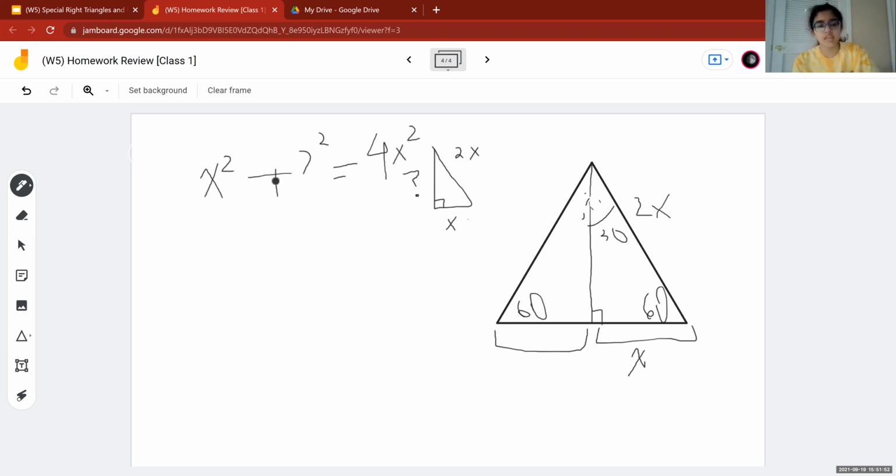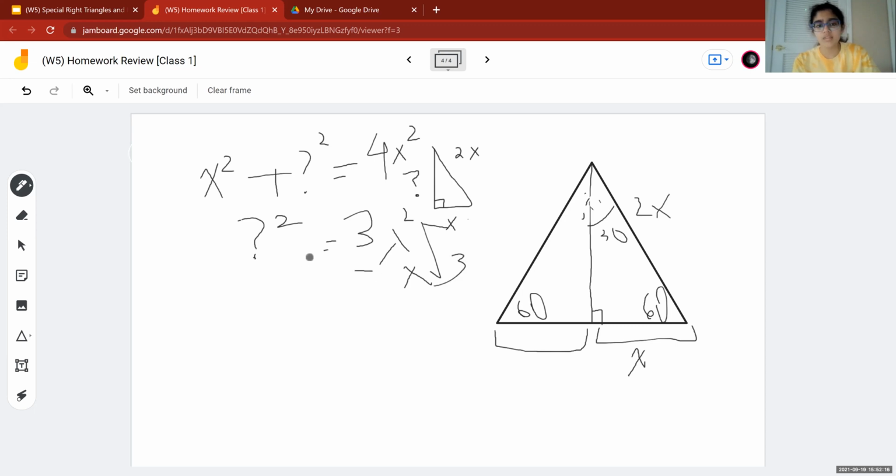So we can subtract x squared from both sides, and we get 3x squared is equal to question mark squared. And when you find the square root of both sides, you get question mark is equal to square root of 3 times square root of x squared, which is just x radical 3.